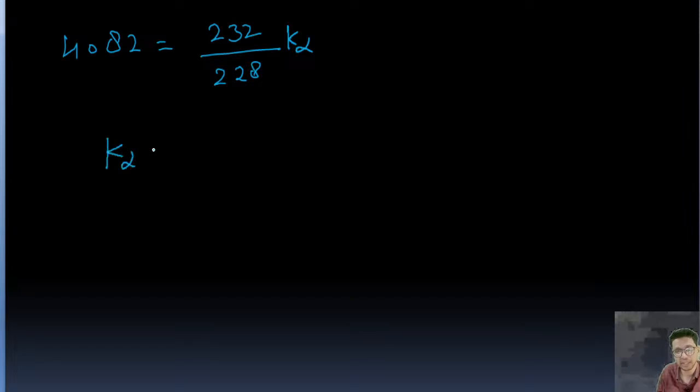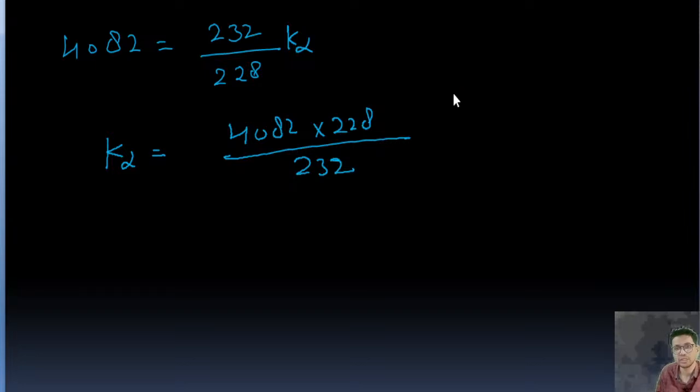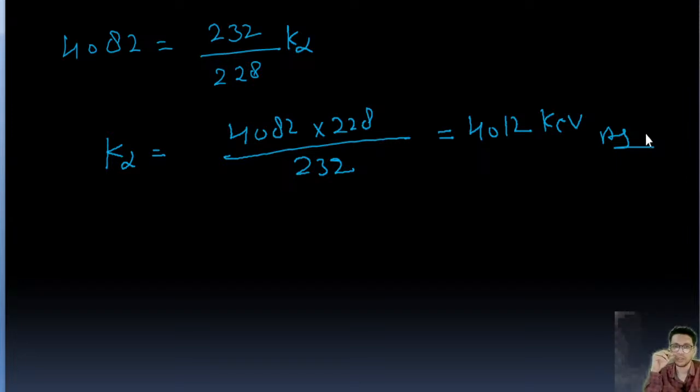This is a very simple, formula-based question. So K alpha is 4082 into 228 upon 232. Solving it, the answer is going to be 4012 keV.